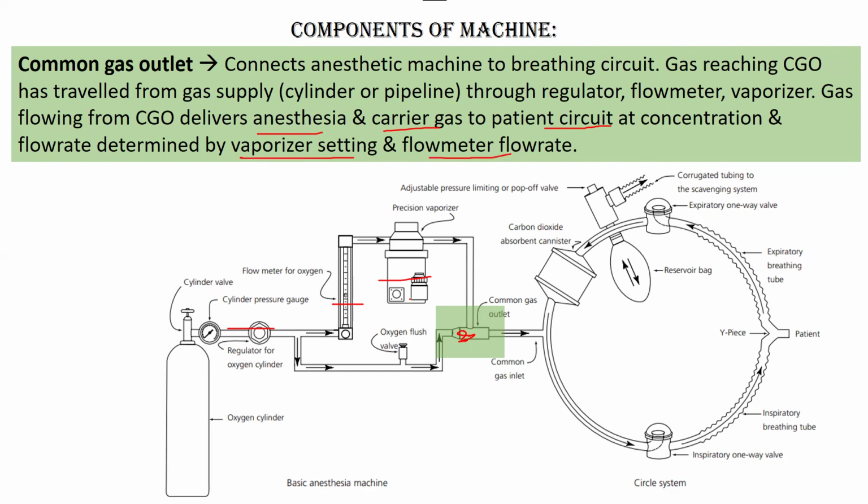So simple is that it travels from these areas, and the rate at which it travels, we have already learned in the previous slides, is determined or controlled by the flow meter and this vaporizer. So that is the only thing about the common gas outlet.